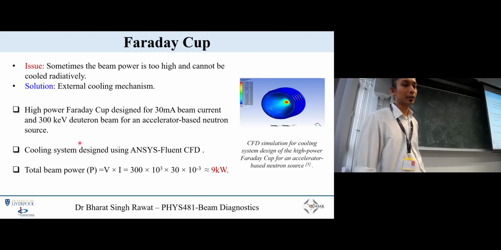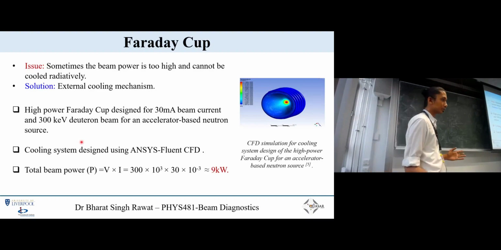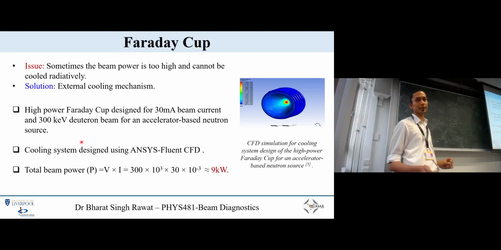You cannot cool this kind of power just by keeping it there, because these devices work in vacuum, and in vacuum you do not have conduction. So the only way it can cool itself is through radiation, and 9 kilowatt is very high. In simulations you can see if you keep this load for very long, it will surpass its melting point.